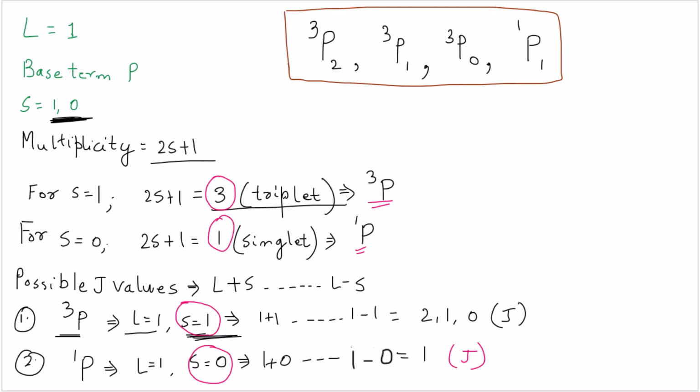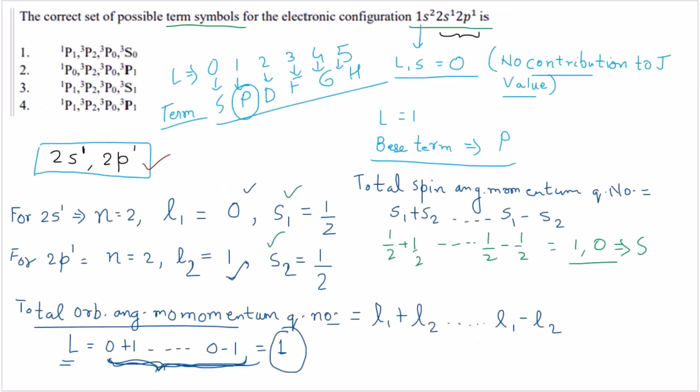So I hope you understood what we did here. First of all, we came to the conclusion that the inner shells will not be accounted for because there is no contribution to the J value, because L and S for a completely filled inner shell is 0. So that we will not take into account while writing the term symbols. Then the remaining 2s1 and 2p1 we take into consideration for writing the term symbols.